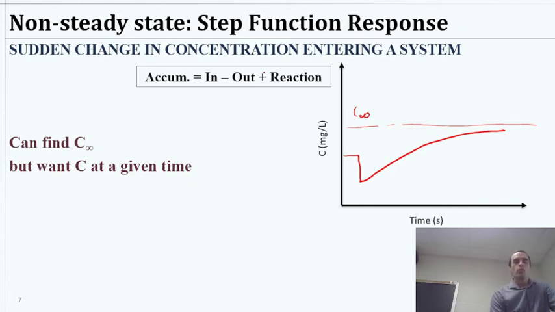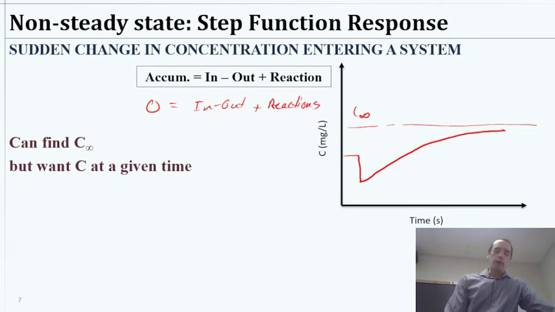So the C infinity would be doing the system at steady state, right? So that's 0 equals in minus out plus whatever reactions we have. So how does that help us find our C of t, we could call it, or C at a given time? Well, if we think about it, in a system like this, it's kind of helpful to know our boundaries, right?